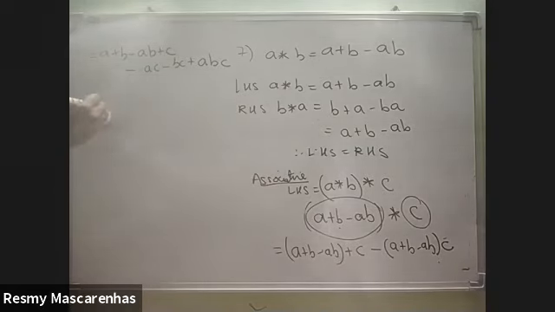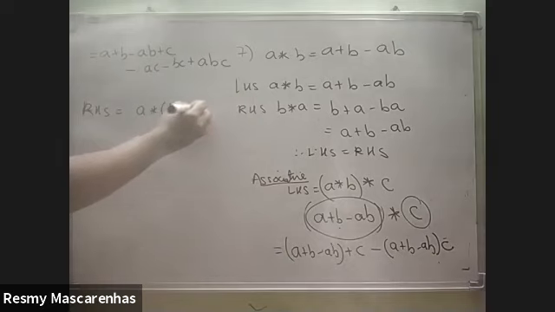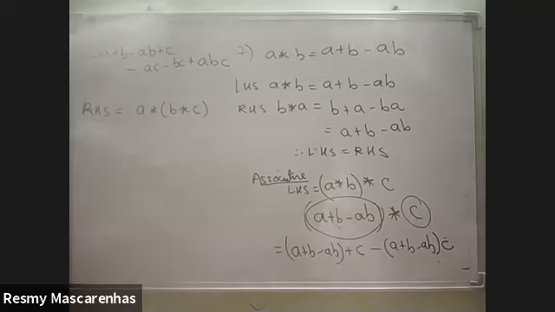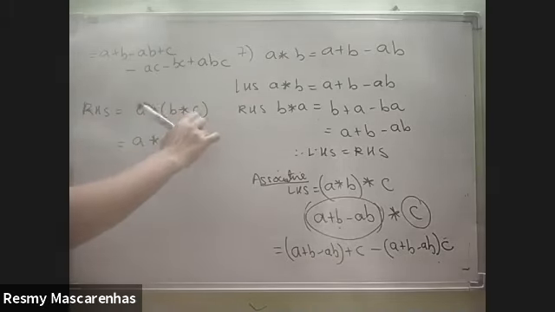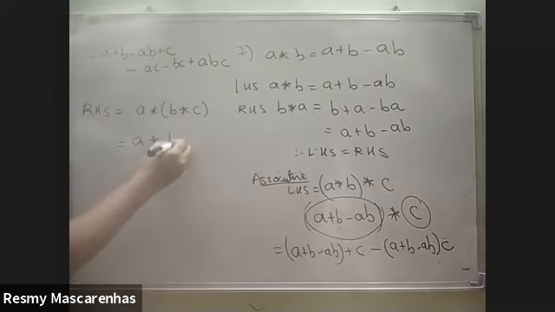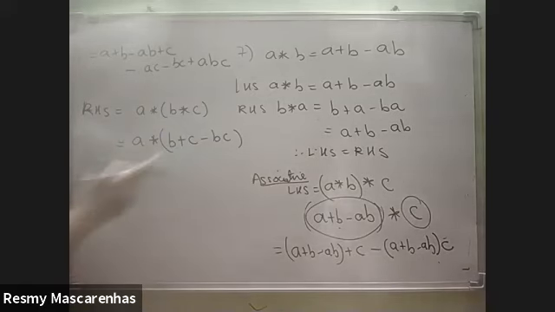Same way try right hand side. So this will be, as per the formula, first plus second and first into second. So B plus C minus BC. Okay, so this is first term, this is second term.